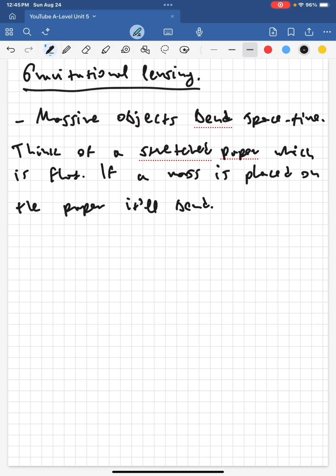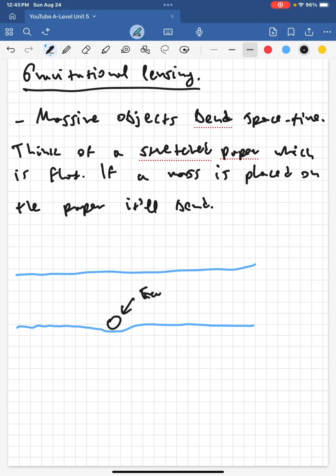So what I'm trying to say is that if this is the space-time, which is flat, okay, if we put the Earth on it, so this is the Earth, it bends the space-time, okay, so that's the space-time, which is flat with no mass.